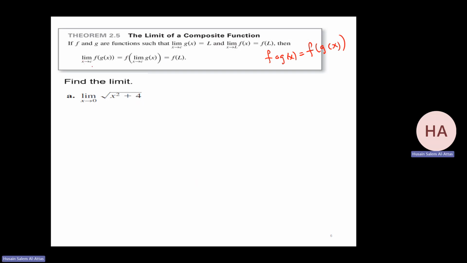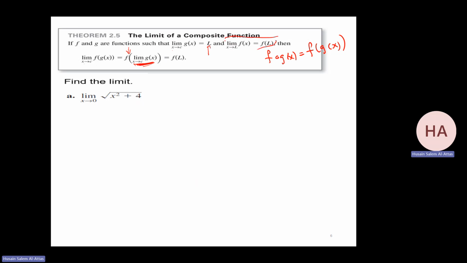So how can we take the limit inside, like what we did, under these conditions: this limit exists and is equal to a value L, and the limit of the outer function f as x goes to L is f of L. So the limit of f of g of x as x goes to c is equal to f of L.